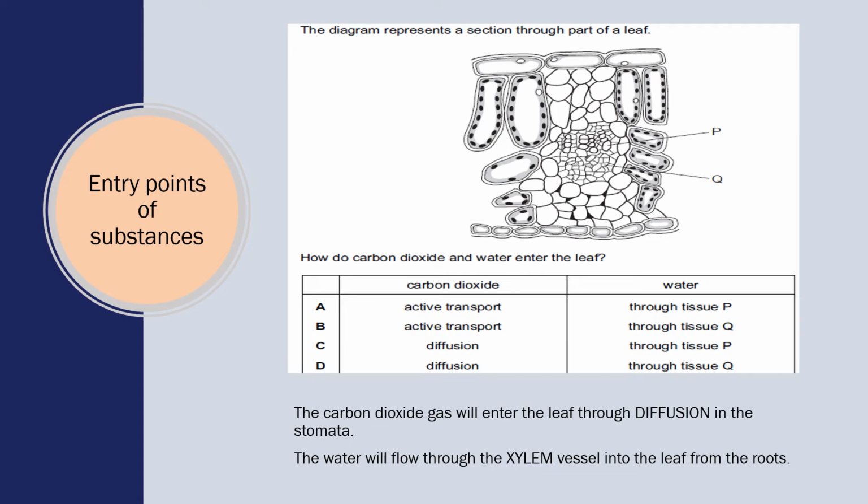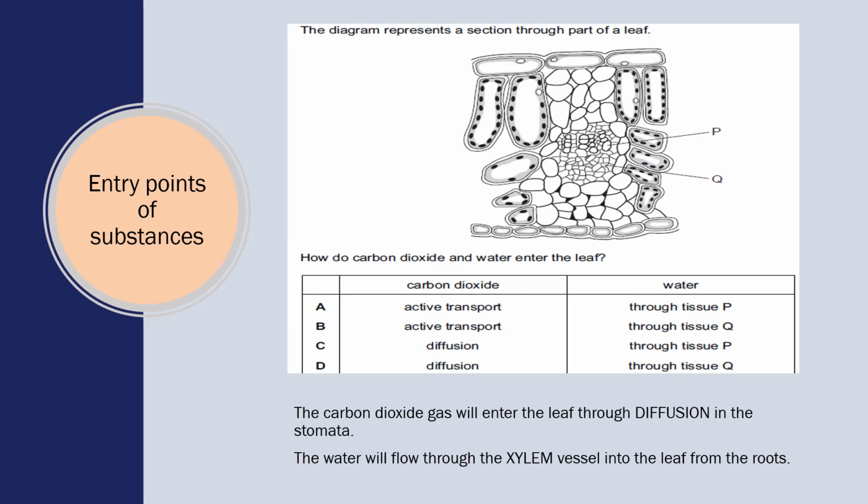Carbon dioxide comes from the outer environment, meaning the air itself. It goes into the stomata and goes into the cell which contains chlorophyll. So it must be from a high concentration to a lower concentration, and the movement of the substance must be diffusion. So it's either C or D.